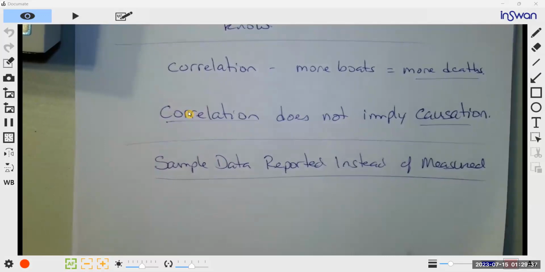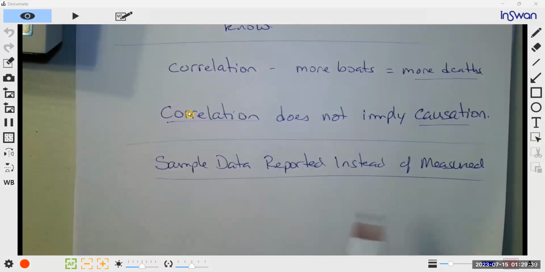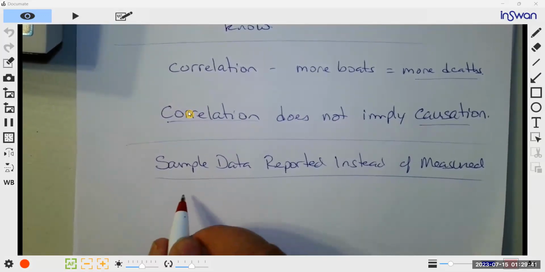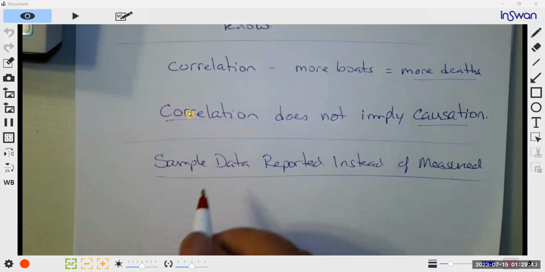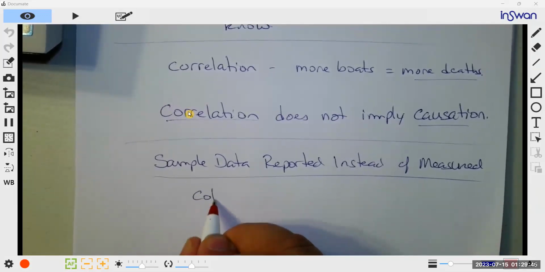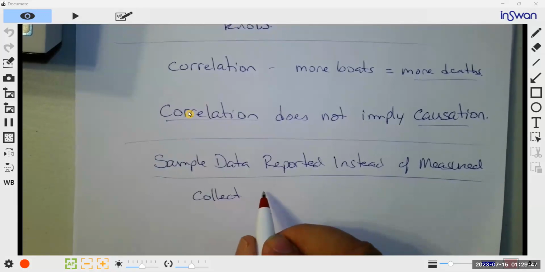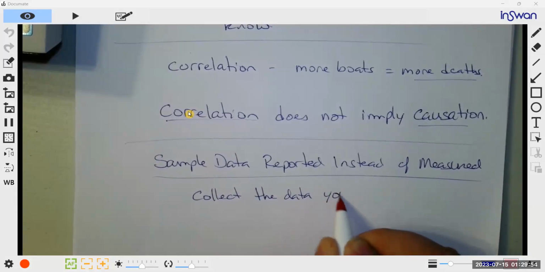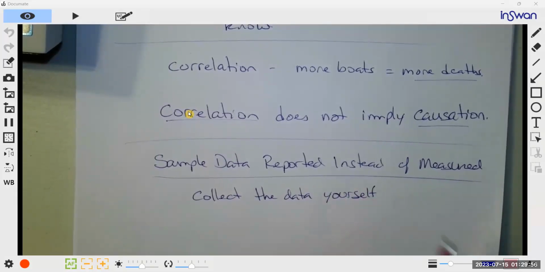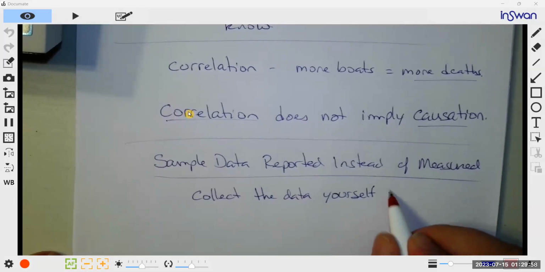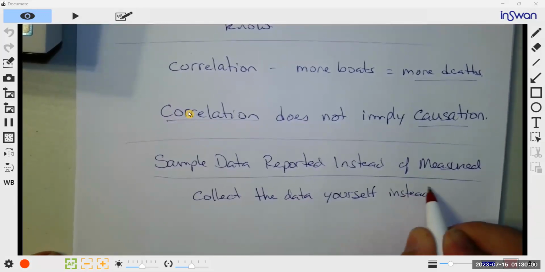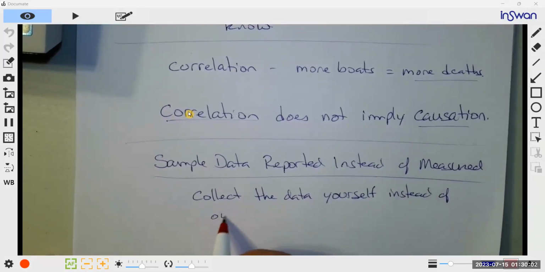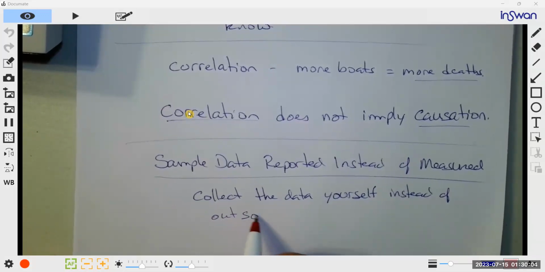What this is saying is, when you're dealing with data in a study or an experiment, collect the data yourself instead of outsourcing it.